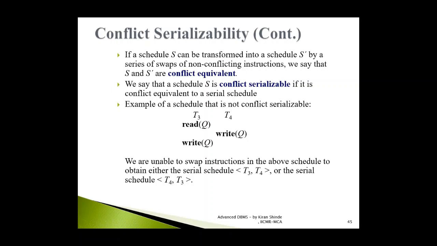So this particular schedule cannot be transformed into a serial schedule because there is no way we can swap any non-conflicting instructions, as there are no non-conflicting instructions in this schedule. Now we will see one more example with which we will understand how a schedule can be transformed into a serial schedule. Let's go ahead.